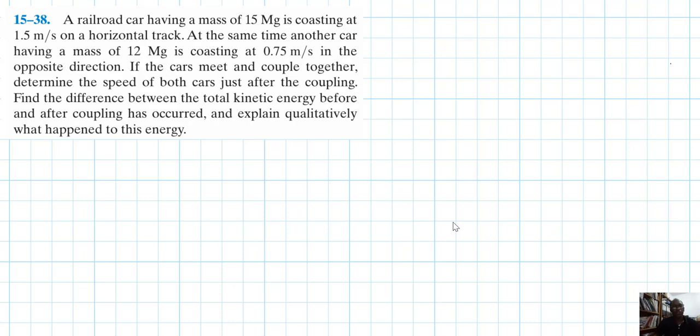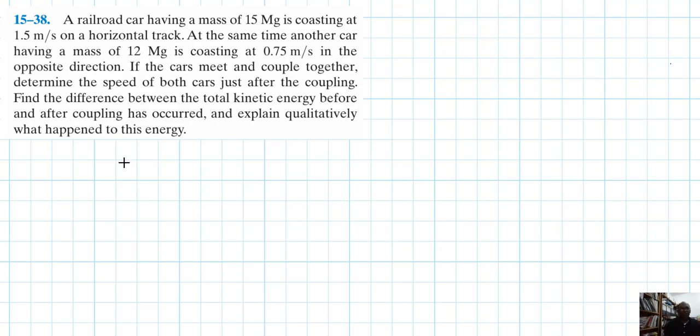If the cars meet and couple together, determine the speed of both cars just after the coupling. Find the difference between the total kinetic energy before and after coupling has occurred, and explain qualitatively what happened to this energy. This problem is coming from Engineering Mechanics: Dynamics, 14th edition, by R.C. Hibbeler.